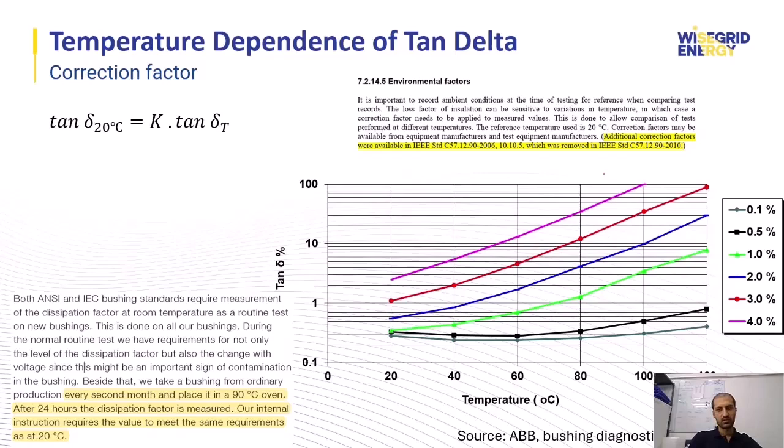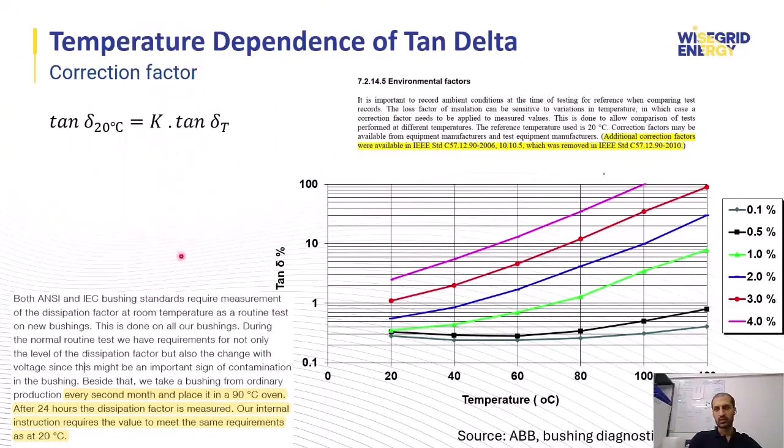An important observation from this graph is that at very low moisture levels, for example, 0.1%, the correction factor for converting tan delta from 60 to 20 degrees is close to 1.1. So it's a really small adjustment or correction factor. But if moisture content rises to around 4%, the correction factor can increase dramatically up to 6.